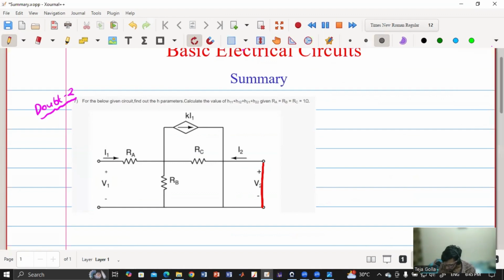I'm not sure whether this will be there or not, but you have to check. If it is infinite, then the answer cannot be a finite value. Yes, maybe they might have made a mistake. Maybe it is not there, or maybe there is some resistance. It cannot be there. So either there will be a resistance here, or there will be no connection at all. Yes, you are right.